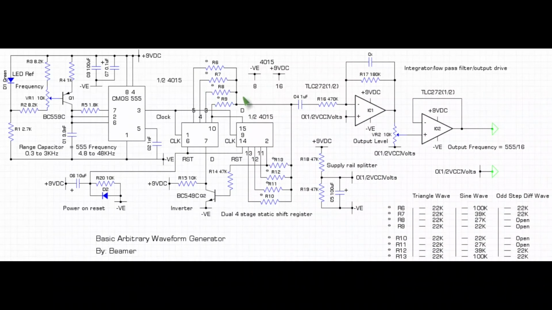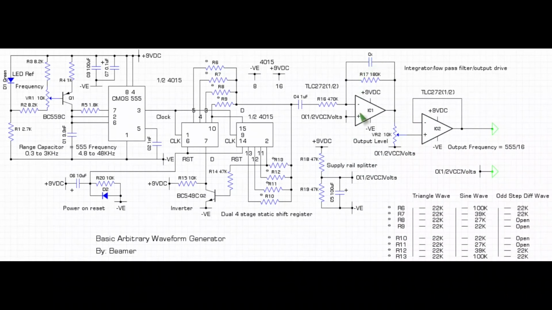It's in 2 groups of 4, and each group of 4 relates to each 4 stage of the 4015 with a common connection here, and that is the output. And the output is taken via C4, which is a 1 microfarad capacitor, so it's AC coupled, into a high impedance, you've got a 470k resistor here, into the first op-amp.